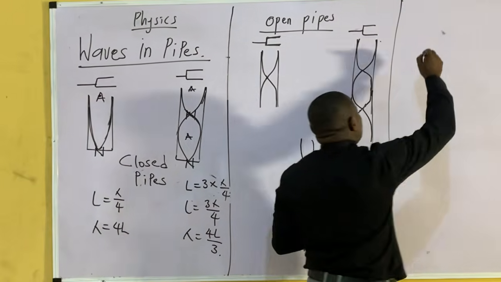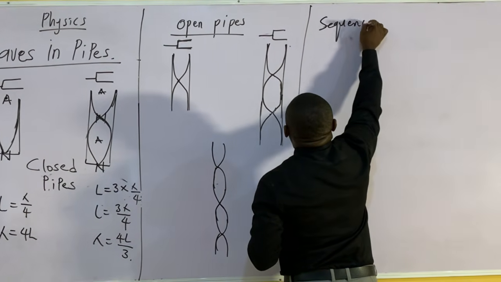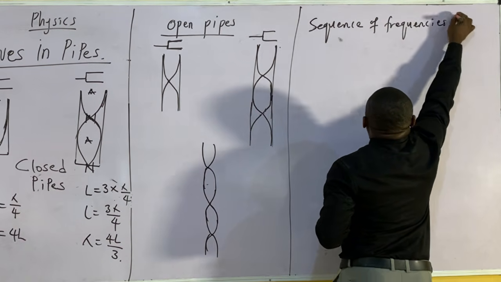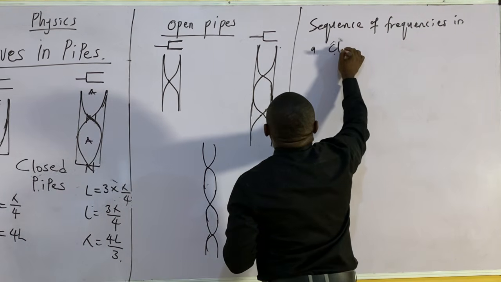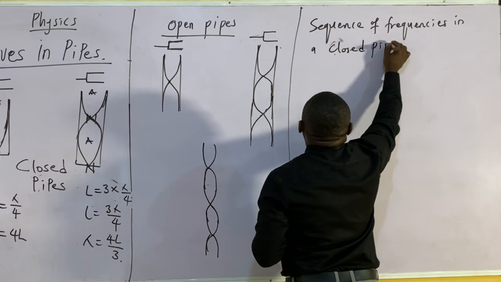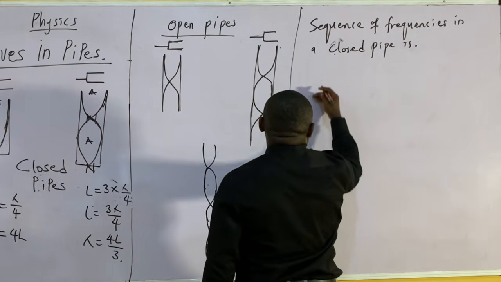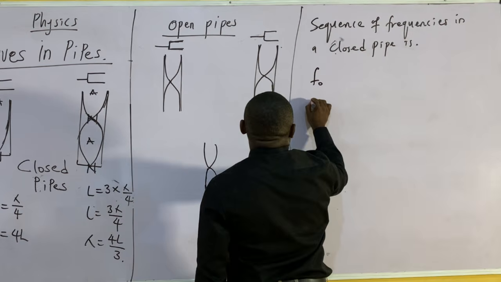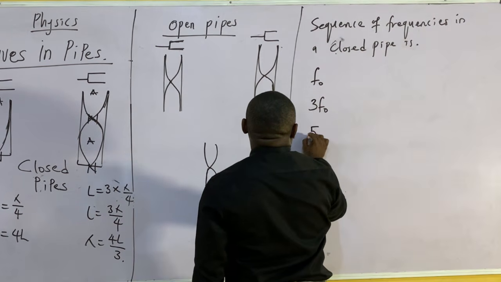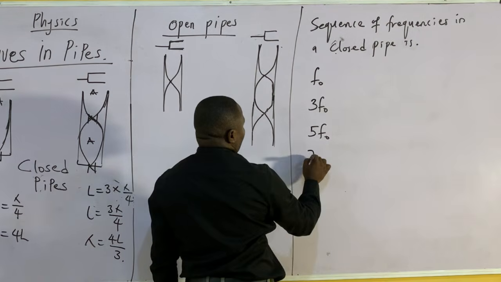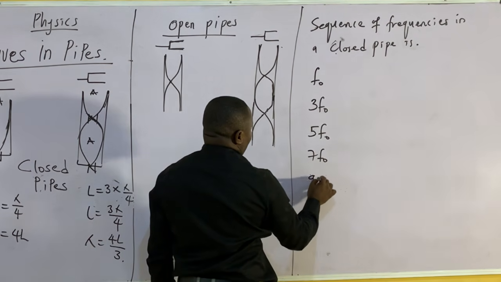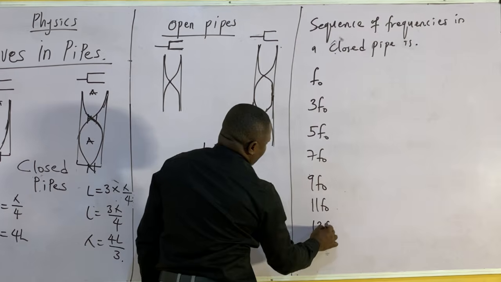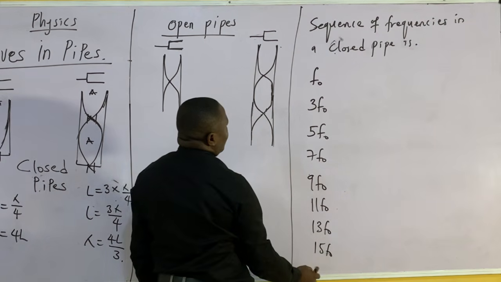Now the sequence of frequencies in a closed pipe is given as, I'll write it down so that it will make more sense, F naught, 3F naught, 5F naught, 7F naught, 9F naught, 11F naught, 13F naught, 15F naught, and so on.